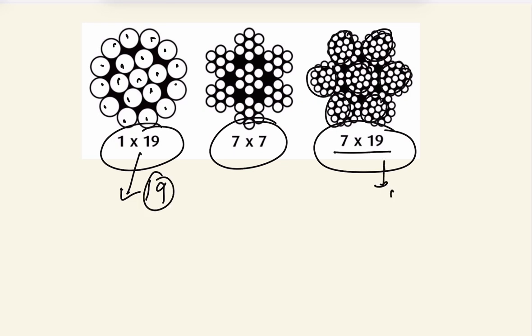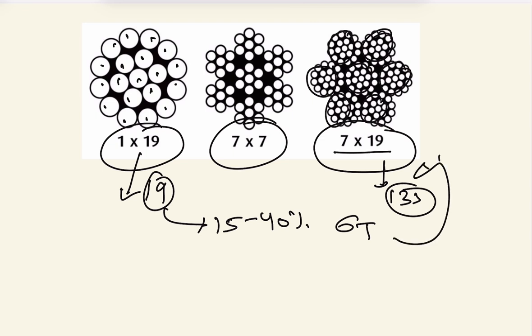The 1 into 19 construction has 19 wires, and the 7 into 19 construction has 133 wires. The 1 into 19 construction has 15 to 40% higher tensile strength as compared to 7 into 19. But the 7 into 19 provides better flexibility, at the trade-off of some tensile strength. So the selection of wire rope slings depends upon the application requirement, balancing strength and flexibility.